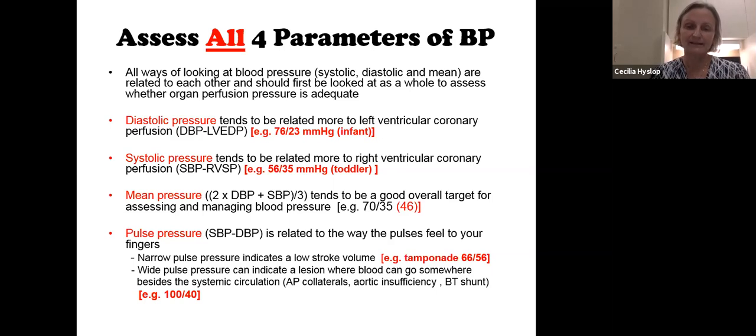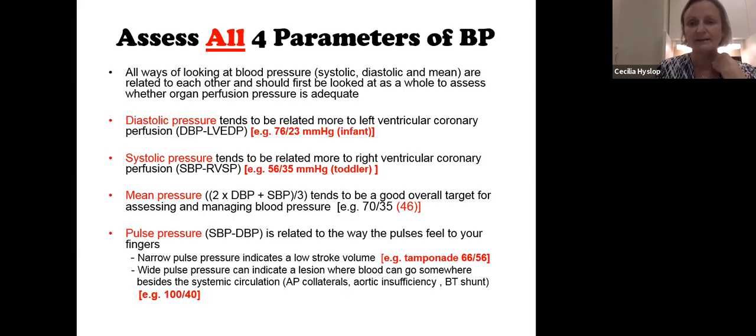When we're looking at systolic blood pressure, I like the PALS way of thinking about it. If you're a term newborn, your systolic blood pressure should be in the 60s. If you're 1 month to 1 year old, then your systolic blood pressure will be in the 70s.